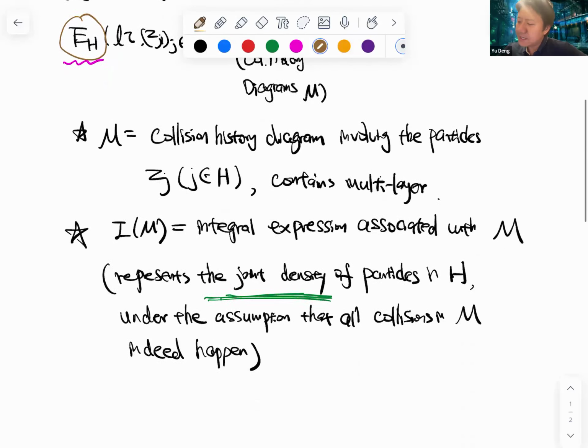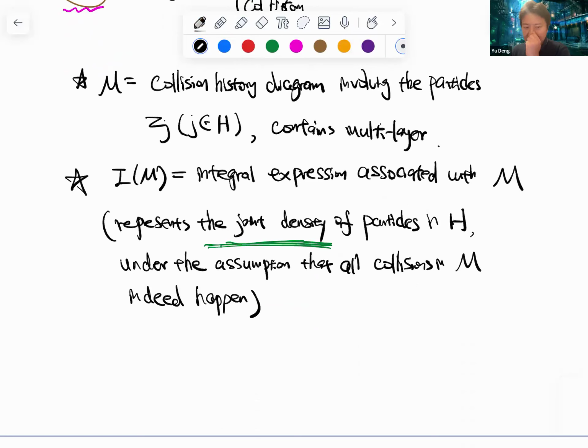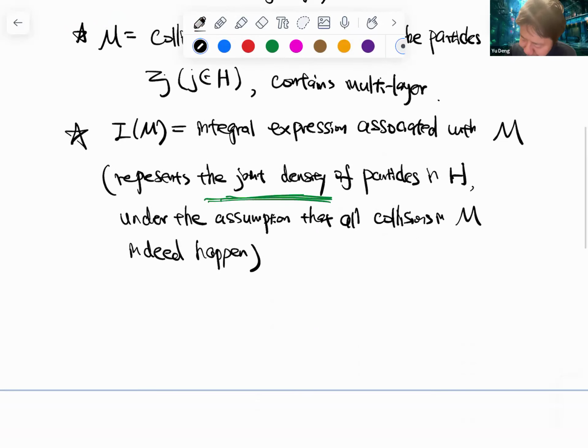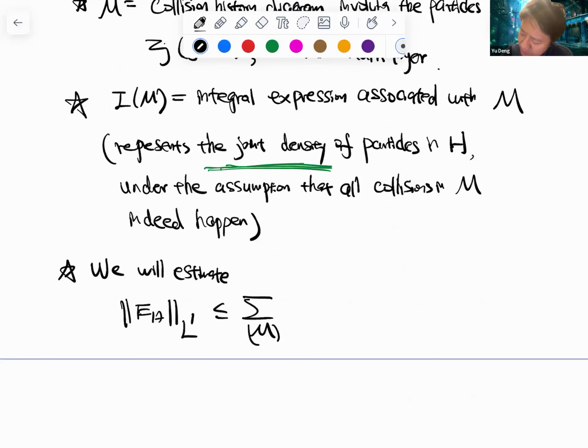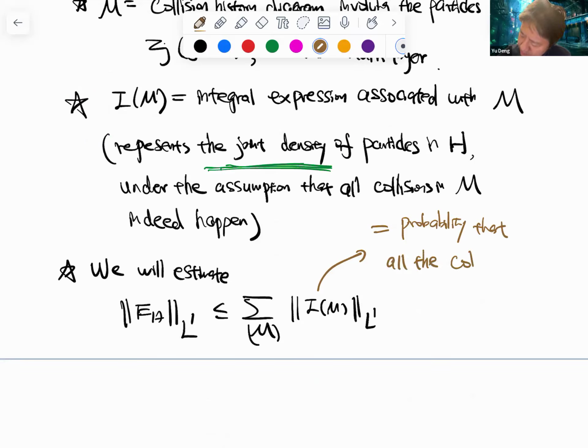Okay, so later on the quantity we're going to estimate is precisely this, the L1 norm of I_M, which is less than the sum over M. And then this quantity just means the probability that all the collisions in M indeed happen.